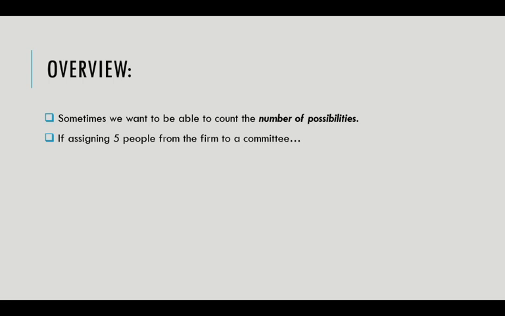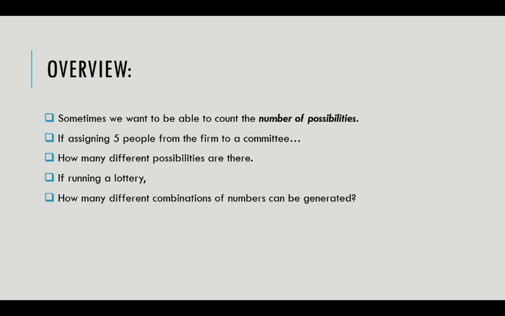It can be any set of 5 people, and we want to know how many different possibilities there are. Well, if we're running a lottery, by the same logic, we might be asking how many different combinations of numbers can be generated in terms of lottery outcomes.